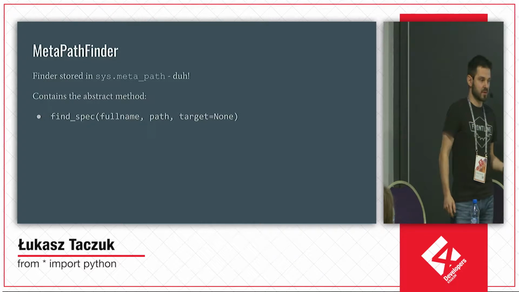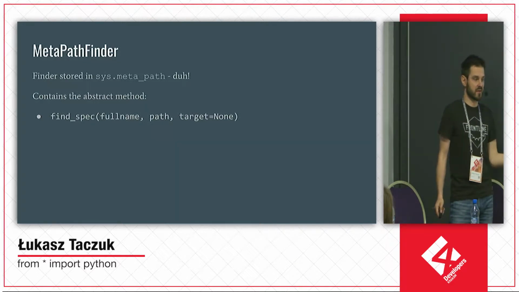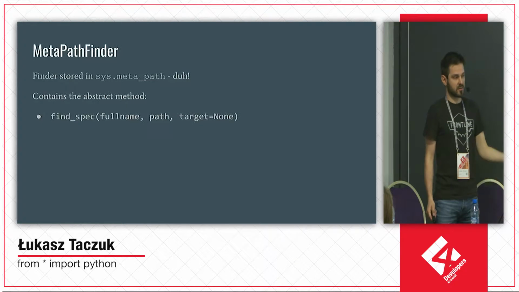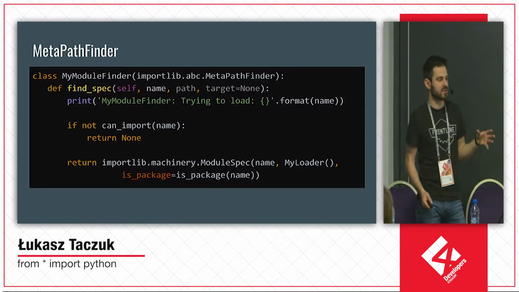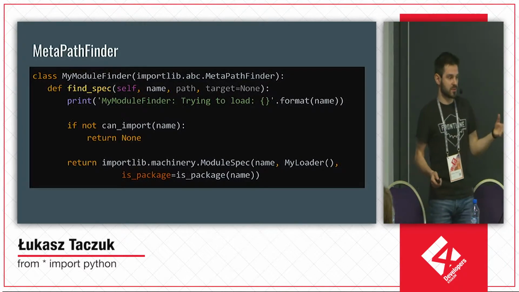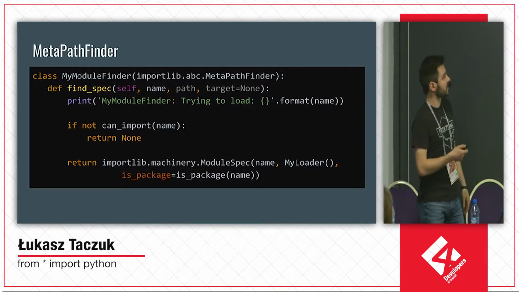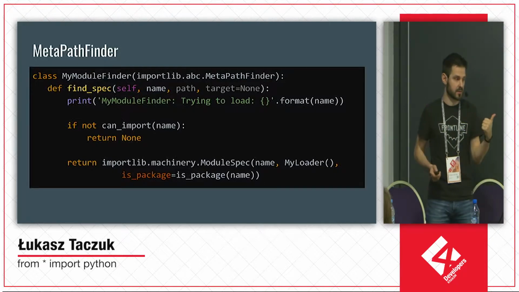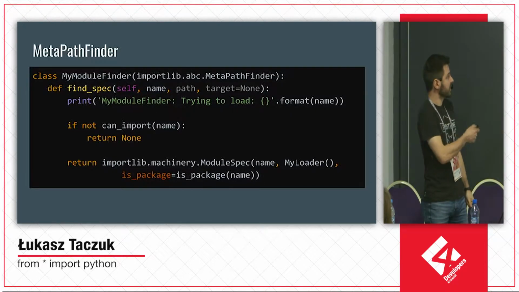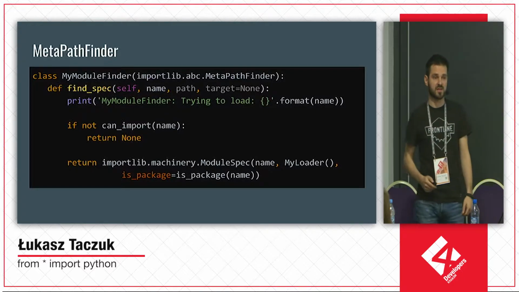For the MetaPathFinder, it's a finder that is stored in sys.meta_path, and it contains the abstract method find_spec. This is what the boilerplate will look like. We first derive from MetaPathFinder and create our find_spec method. What we have to do first is check if we can import that module, and then return a module spec with our loader and the information whether that is a package or not.